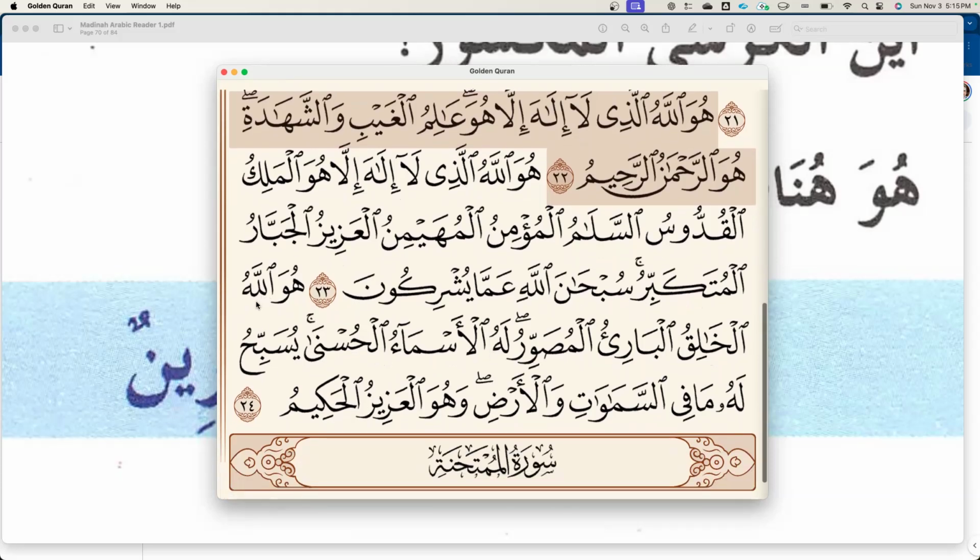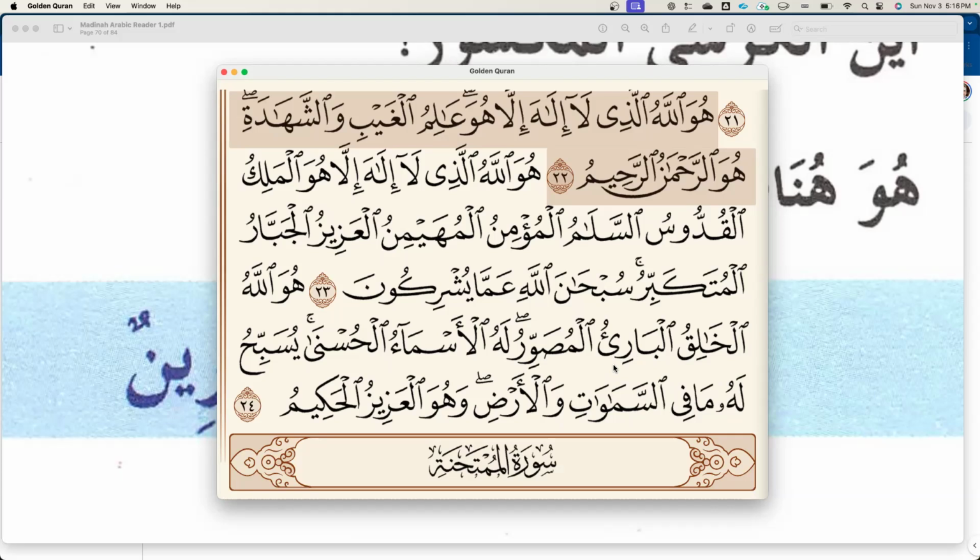Huwa Allahu. Now again, Allah subhanahu wa ta'ala describes Himself. He is Allah. And then these are the na't again, the descriptors of Allah. Al-Khaliq, the creator. Al-Bari', the originator, the one who originated the creation from nothing. So ex nihilo, are you familiar with that concept?